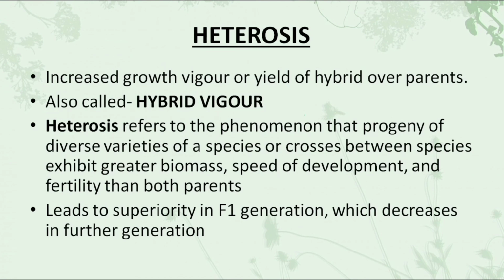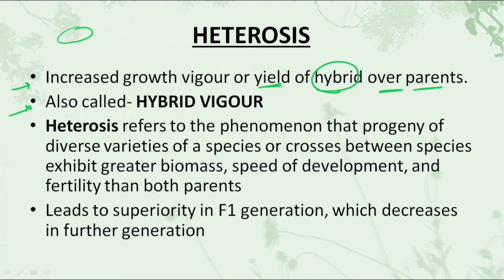Now let's discuss the last topic, and that is heterosis. So what is heterosis? In simple words, heterosis means increased growth vigor or yield of the hybrid plants over the parents. It is also called hybrid vigor.